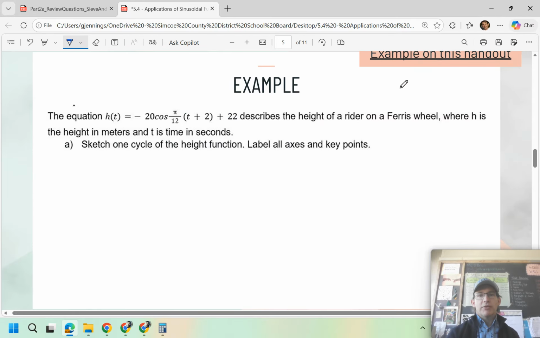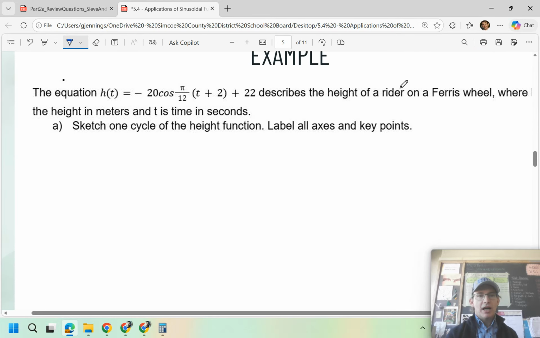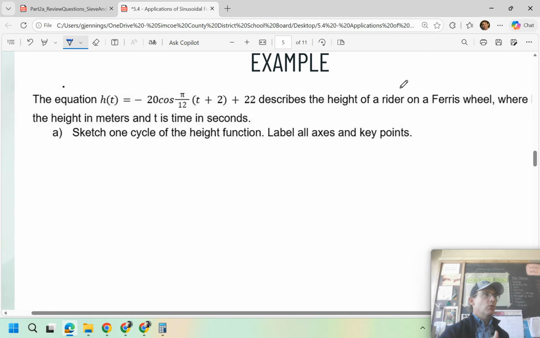Okay, so let's keep going. In the first example that you have, this type of example is we give you the equation and you do stuff with the equation. So that's like level 1. Next level we're going to look at is you have to build your own equation. So, we have h of t is equal to this. Here's our a value. So, okay, a is minus 20.